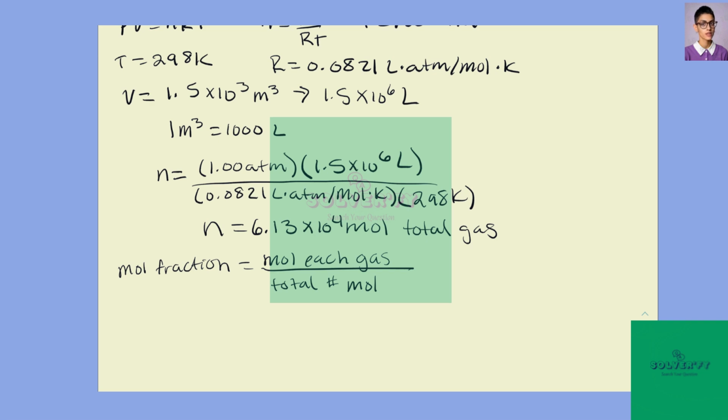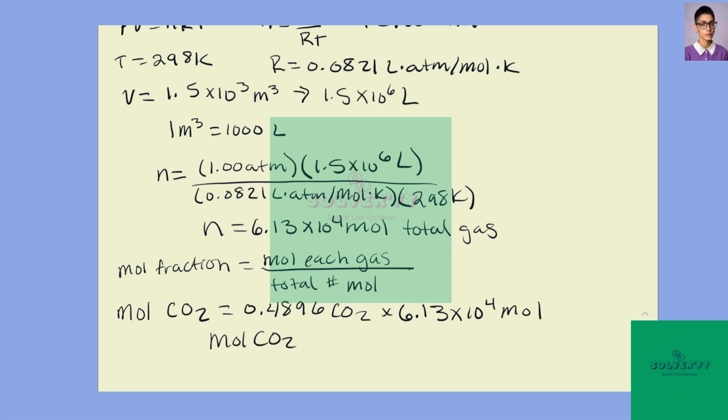So for our first gas, which is CO2, it tells us that our mole fraction is 0.4896 for CO2. To get the number of moles, we're just going to times this number by our total number of moles, 6.13 times 10 to the 4th moles. So our moles of CO2 is equal to 3.00 times 10 to the 4th moles.